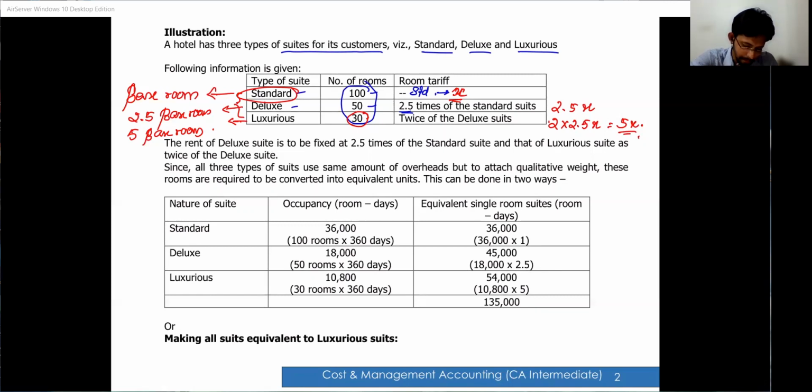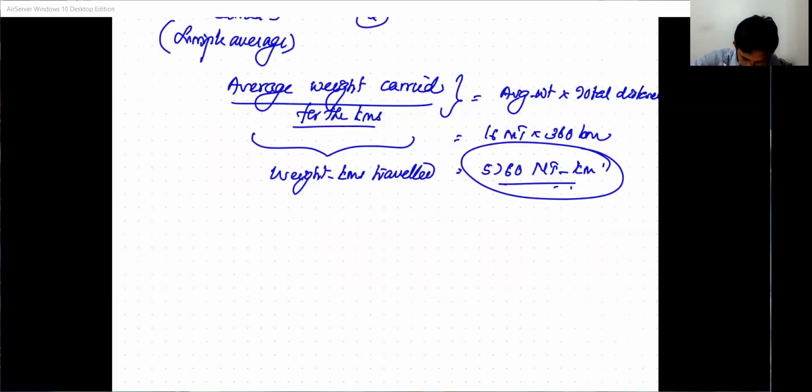If you see, equivalent number of suite rooms.